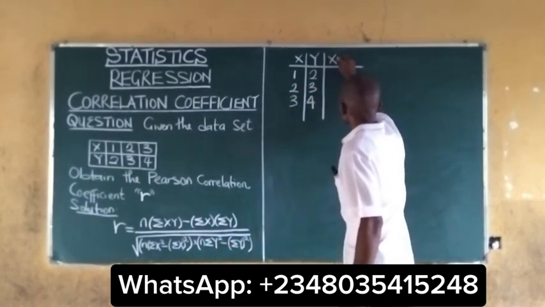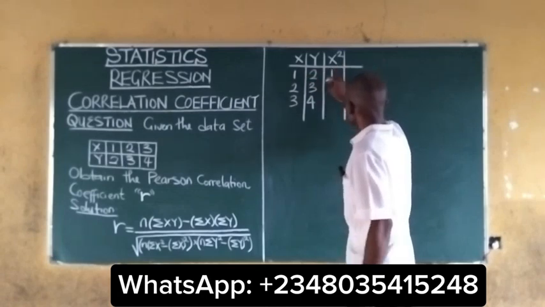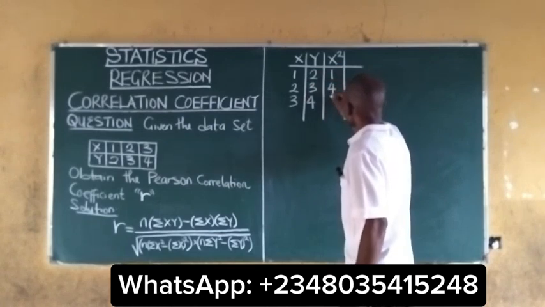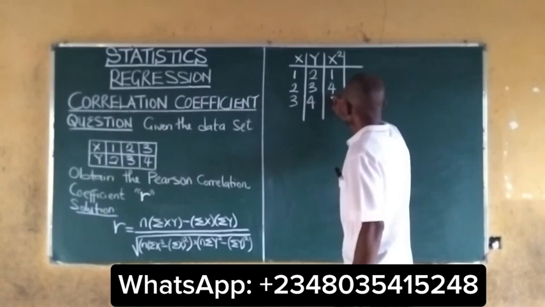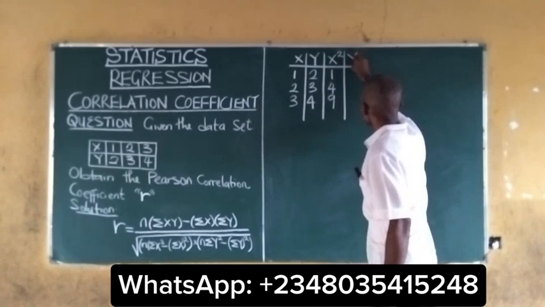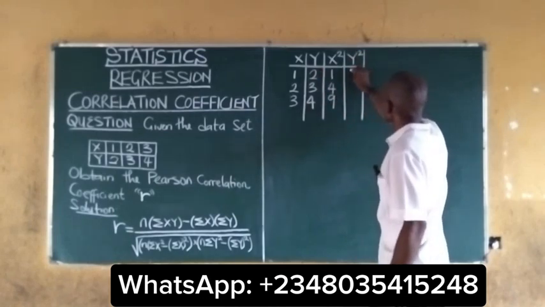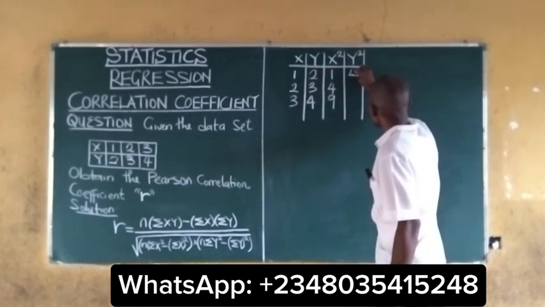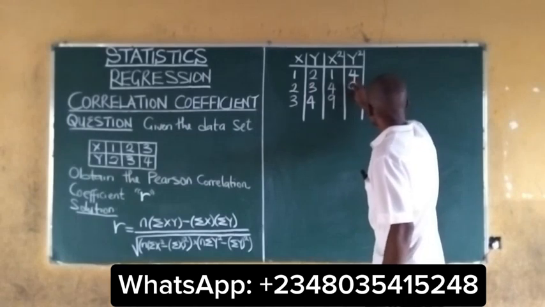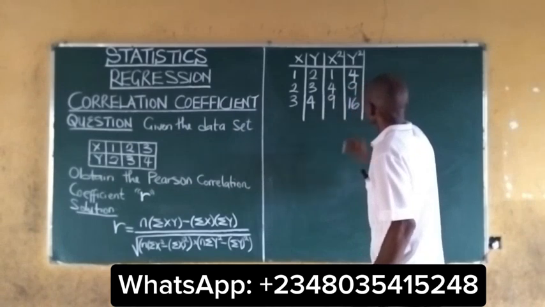So we find x squared. X squared here is 1, the square of 2 is 4, and 3 raised to the power of 2 is 9. Also for y, we find y squared. 2 squared is 4, 3 squared is 9, and 4 squared is 16.